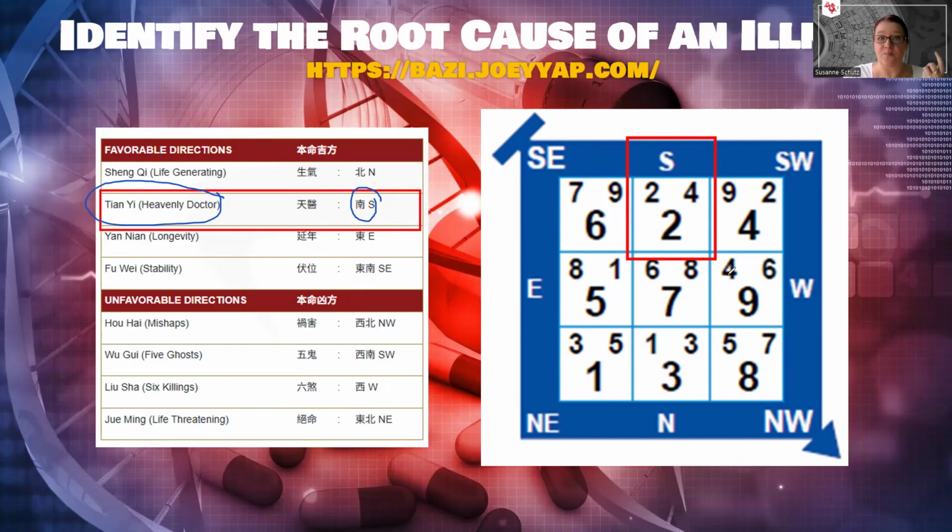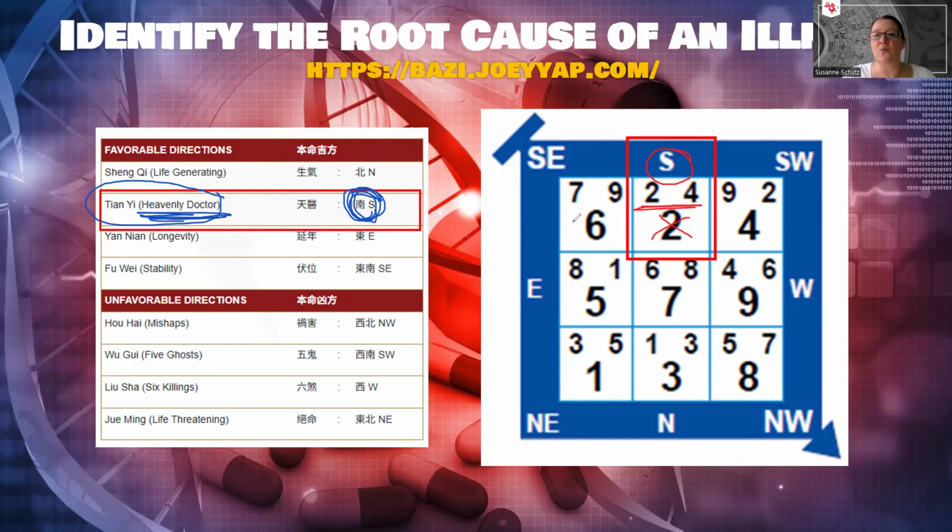So step 2: identify your Tianyi, heavenly doctor direction, and then look at that sector. Here, this is the south direction, and you look at the south sector in your home and check what stars you have there.